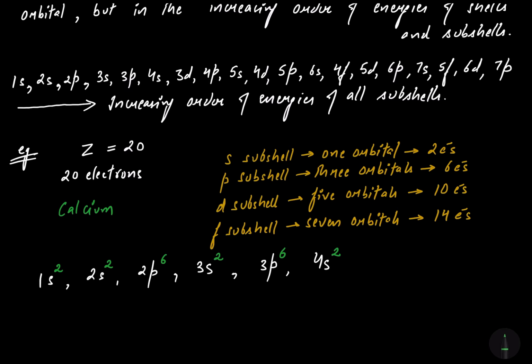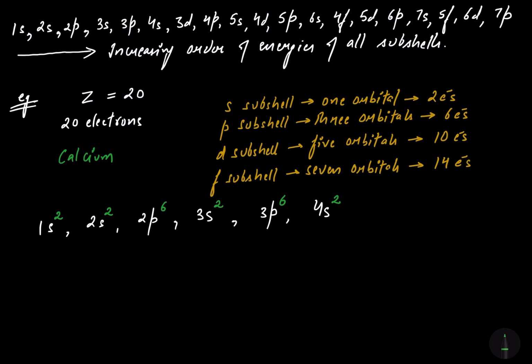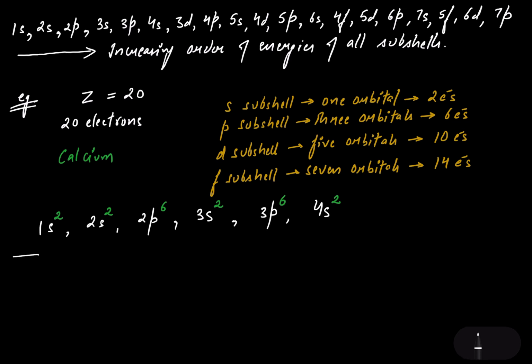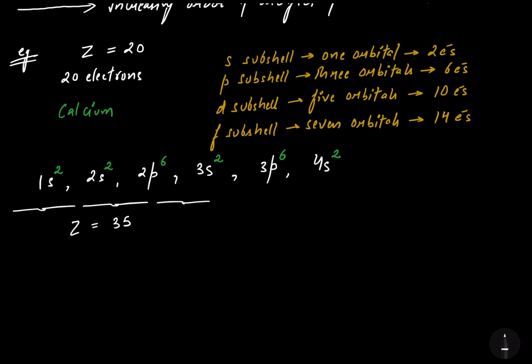So now let's take another example. I'm taking atomic number to be 35. 35 stands for we have to fill 35 electrons in subshells arranged in the increasing order of the energies.